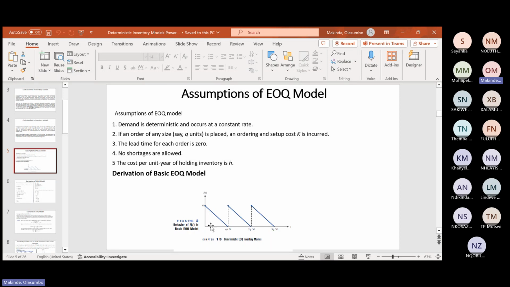So you look at these as T. If I use half base times height, my base is from 0 to T, so that is half times T times height, which is Q. That gives half times T times Q, the area of this triangle.